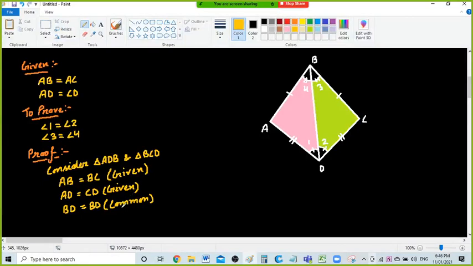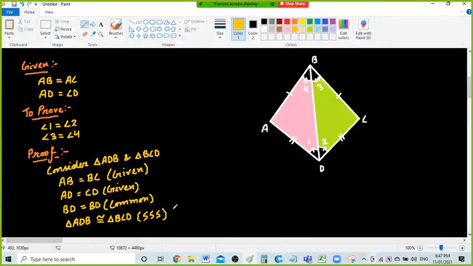Fine. And so you can easily guess that all these three sides are equal. So this simply states that triangle ADB is congruent to triangle BCD, right? By which theorem? By using the SSS congruency theorem.